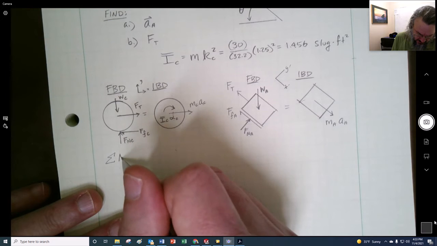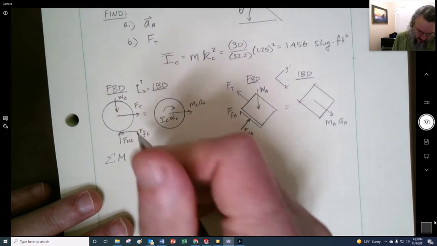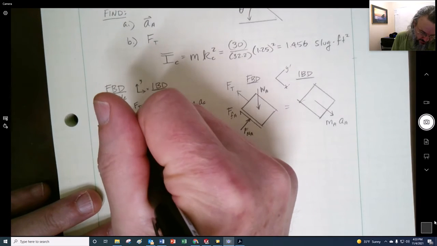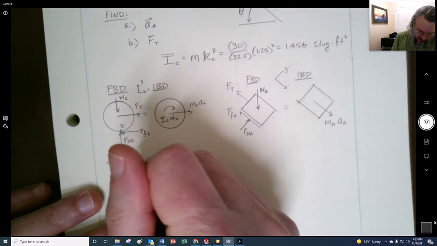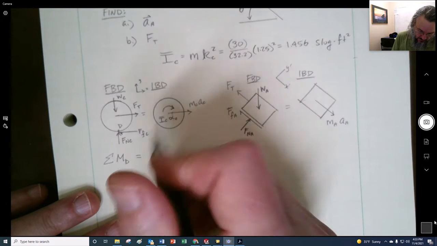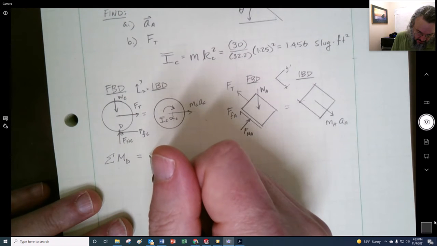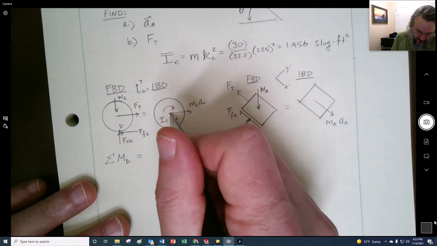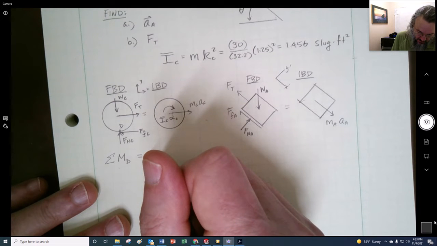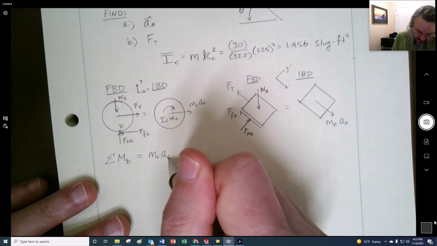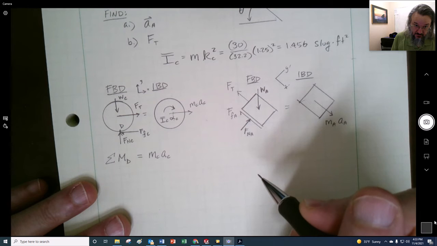I don't know. I'll take the sum of the moments about, and I'm going to create this point right here. I'm going to create this point and call it D, right? So that's my D. I just needed to call it something. It's going to be equal to, yeah, so we're going to have the mass of C times AC, right?